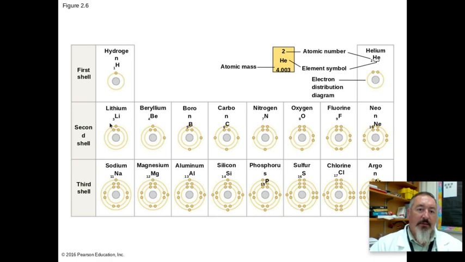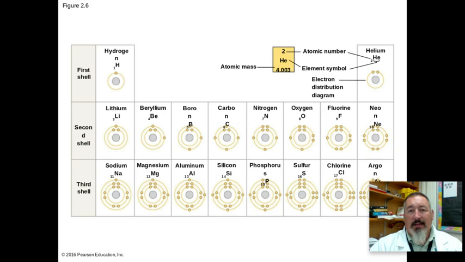As you get into other elements, you start to see an increase. There's 2, there's 3, and you can eventually go to neon, where we have 8 electrons in the outer shell. This outer shell is full. The elements that are in this column, the 8th column, are called noble gases.